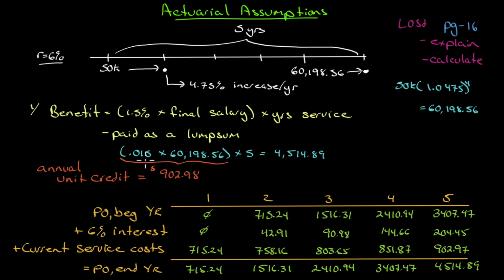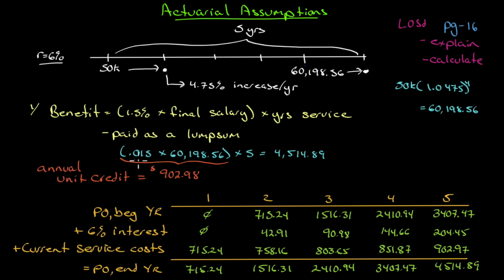So here it is right here: 0.015 times our final year salary times our 5 years is $4,514.89. That's what we would receive as a lump sum. In other words, we would be earning $902.98 per year towards that 4514, which is this amount here.